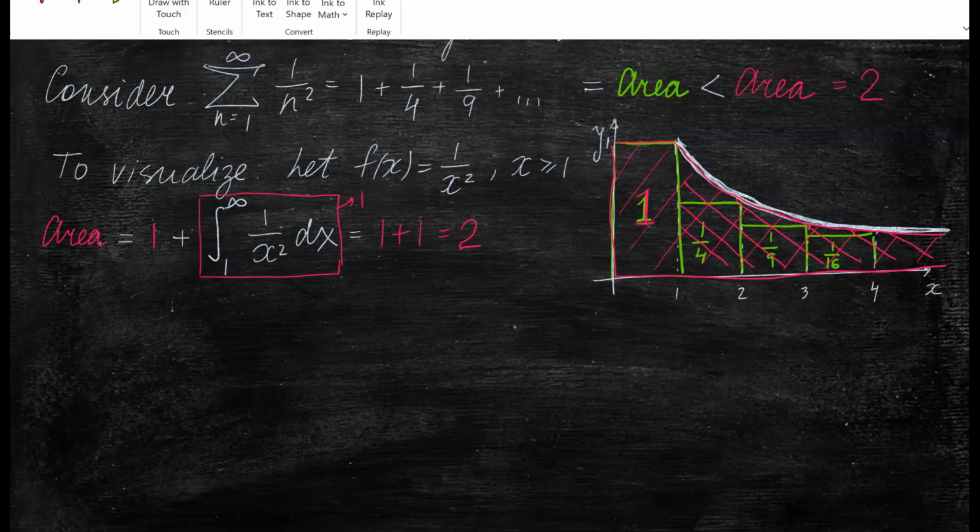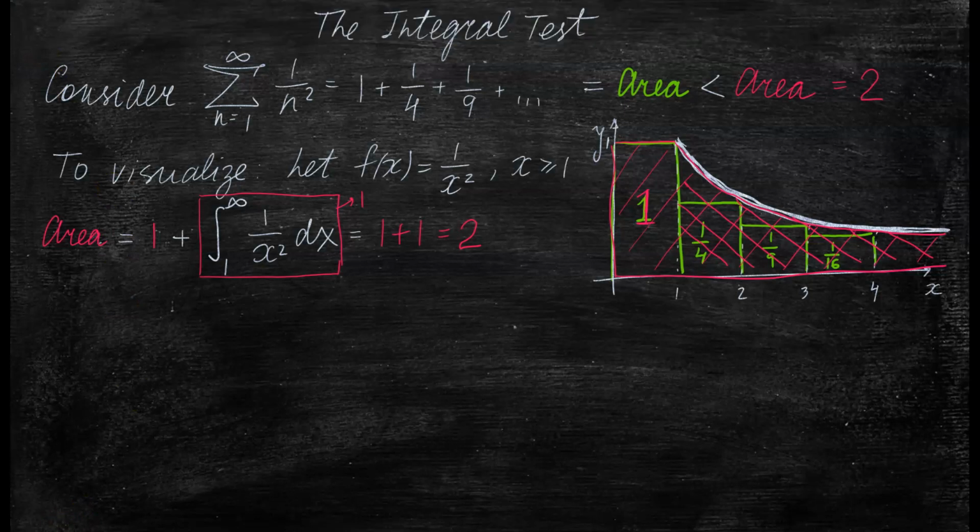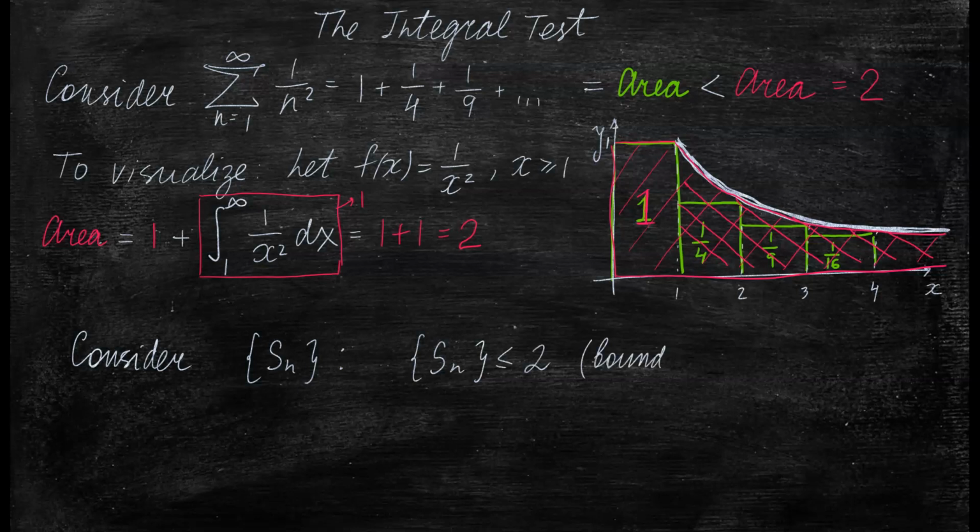Well, that means that if we consider the sequence of partial sums, then what we just learned is that the sequence of partial sums is less than 2, which means it is bounded.